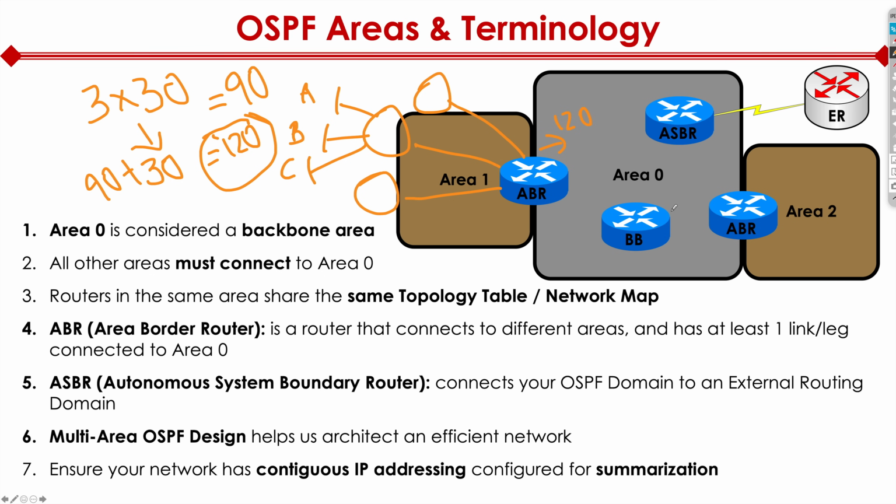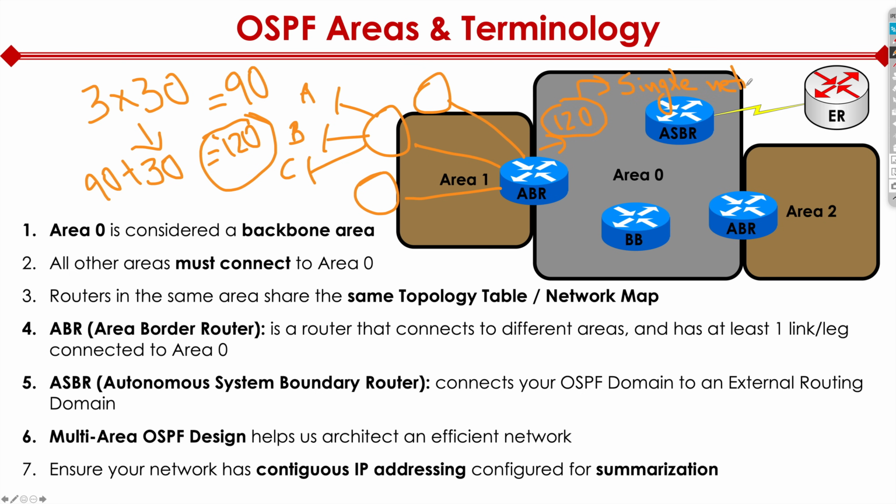Now, as you can imagine, if you have a much larger network, you're looking at a much, much larger number of advertisements. So instead of advertising 120 individual networks, wouldn't it be nice if you could take all these 120 and advertise a single network?